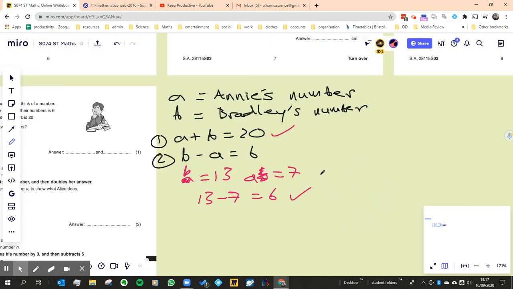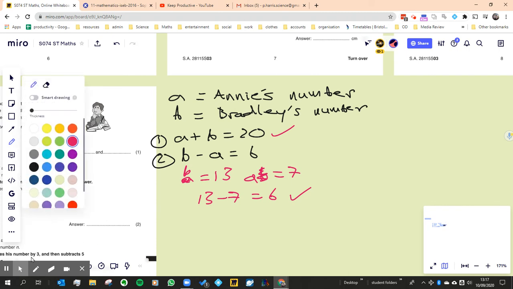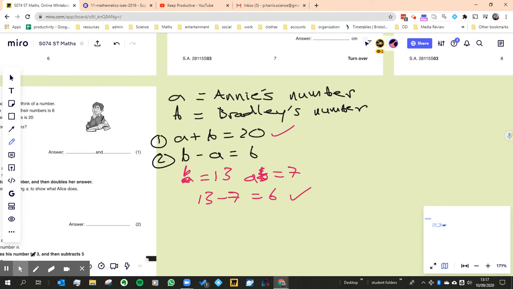So what we just did is trial and error by basically trying different numbers and then seeing if they work. And with a different color, I'm going to do it this way. I'm going to take equation 1 and change it around. I'm going to say that A is equal to 20 minus B. And then in equation 2, I'm going to put in that bit.